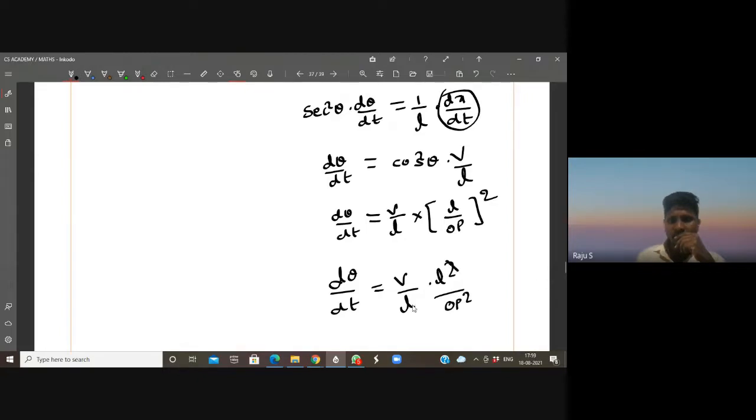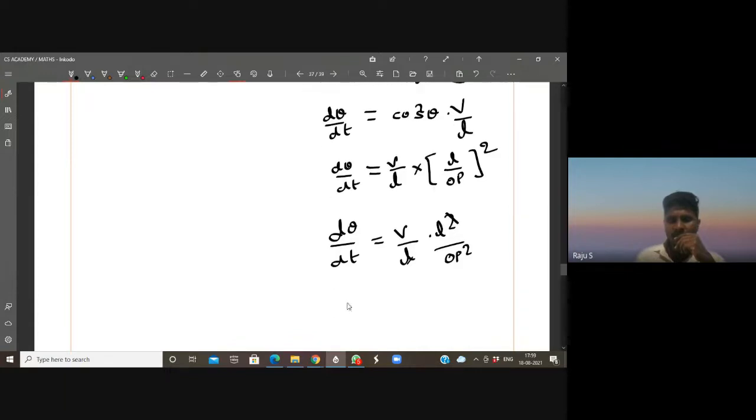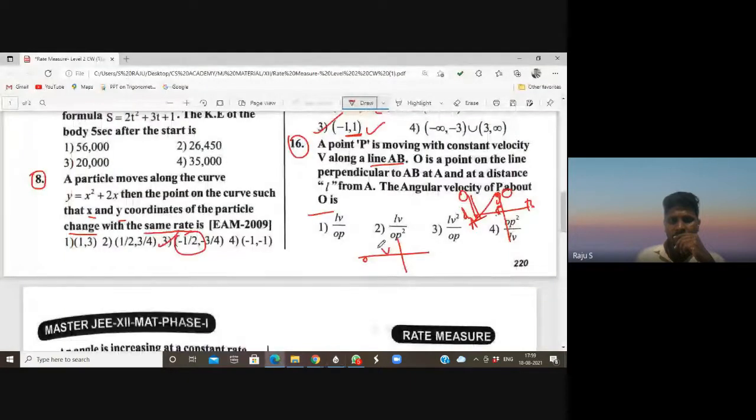One L gets cancelled, so d theta by dt is vL by OP square. So according to the options, which is correct?